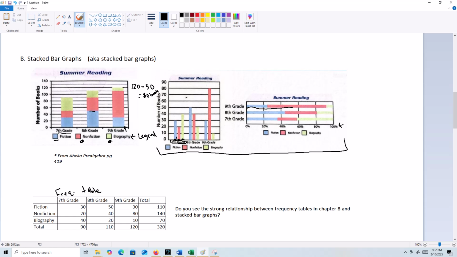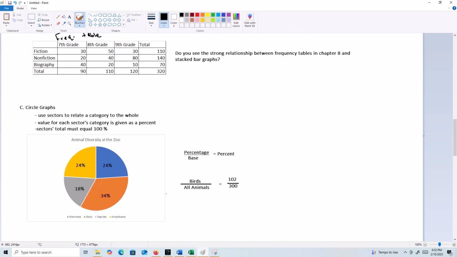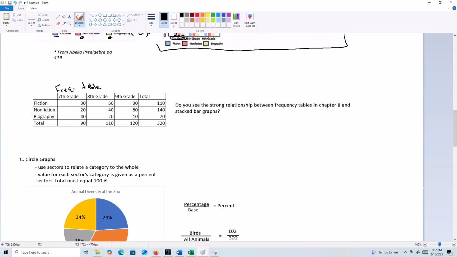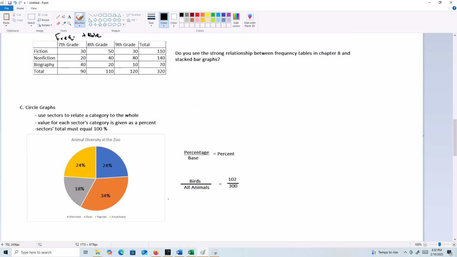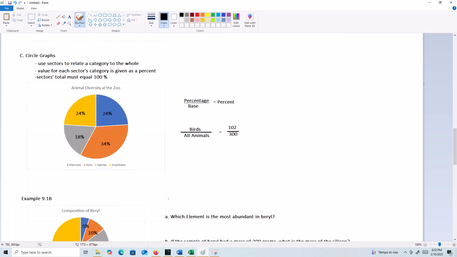We have multiple things of data going on, and we have a total down here for all 7th graders, but then we have a total over to the right of all fiction. If you don't remember the stuff about frequency tables, go back to Chapter 8 and look at that lesson.